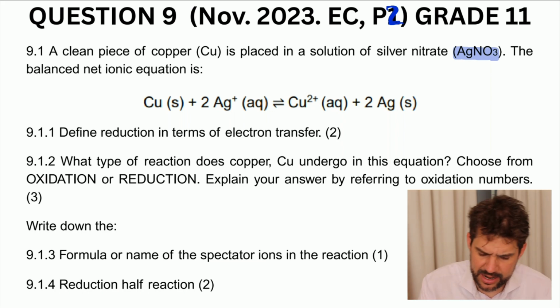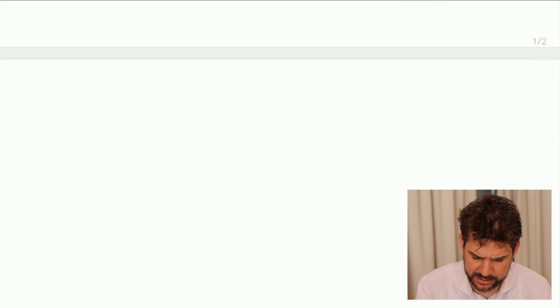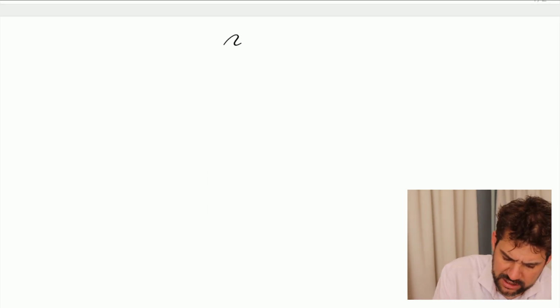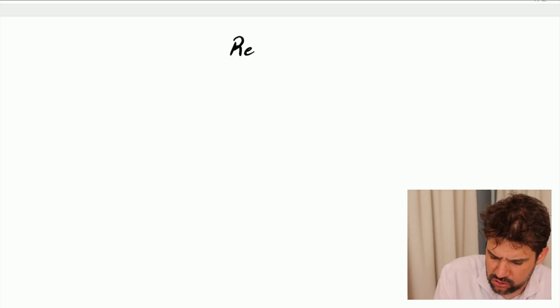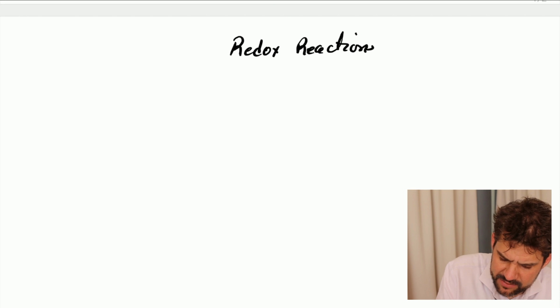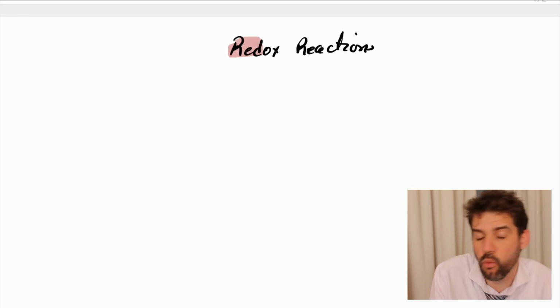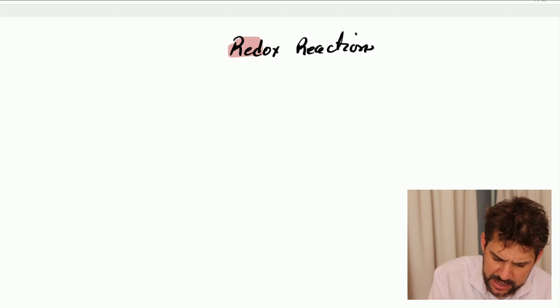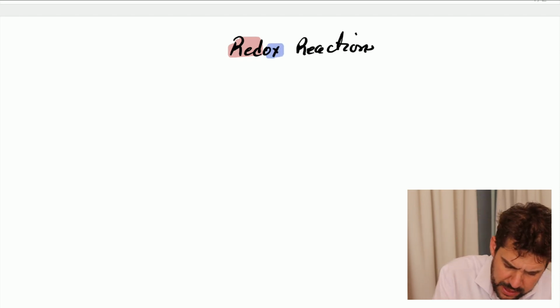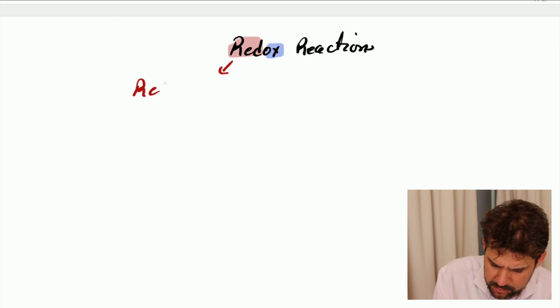And guys, let's write a few things. In previous videos, if you watch my videos, you can see that redox reaction is divided in two main groups. The word is divided in two parts, red and ox. Red stands for reduction.